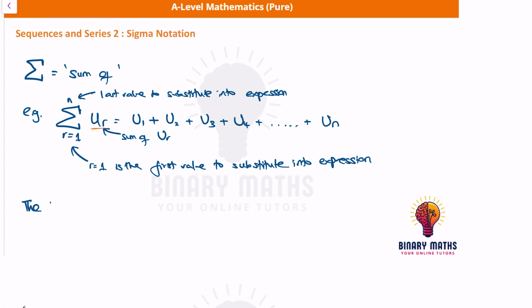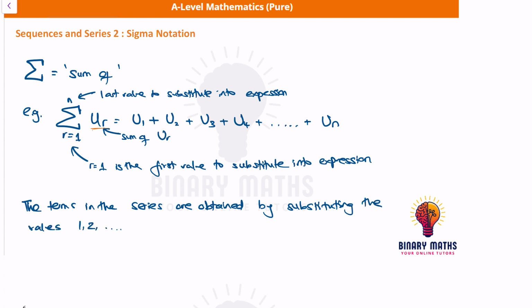So the terms in the series, it is a series because we're adding all these things together, are obtained by substituting the values 1, 2, all the way up to n, in turn, for r in ur, for this example only. So obviously depending on what your expression is, it will change.